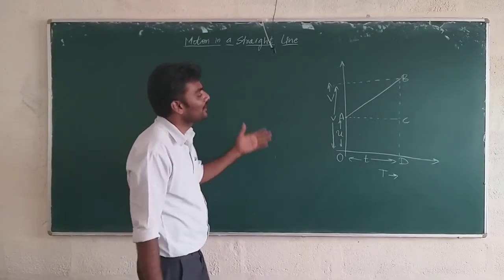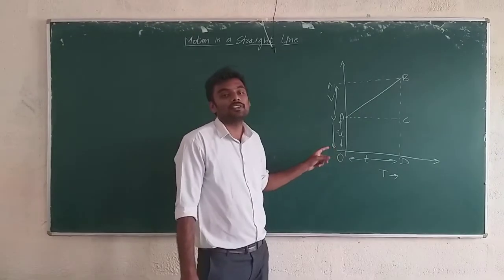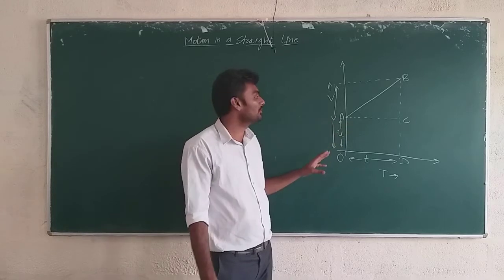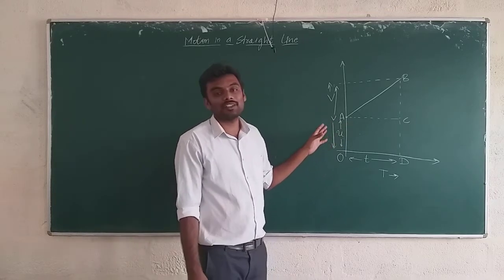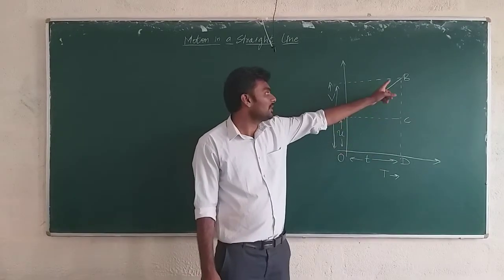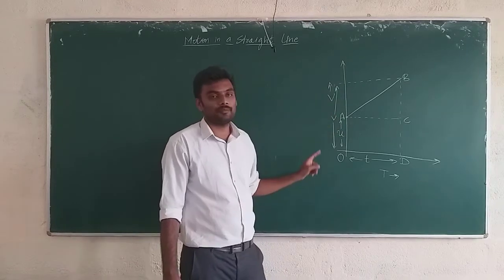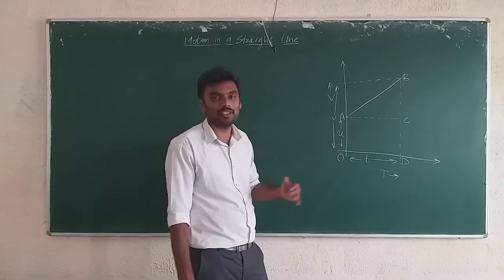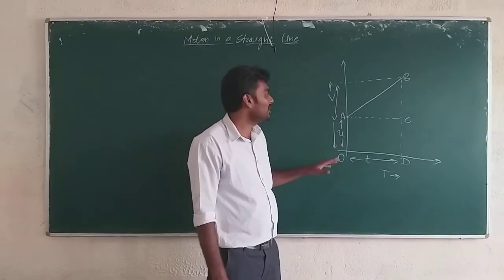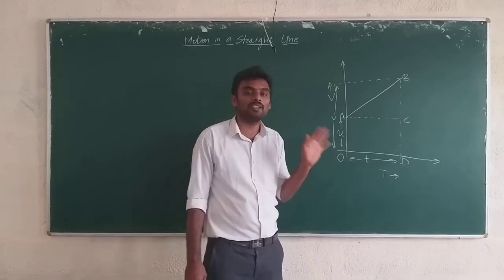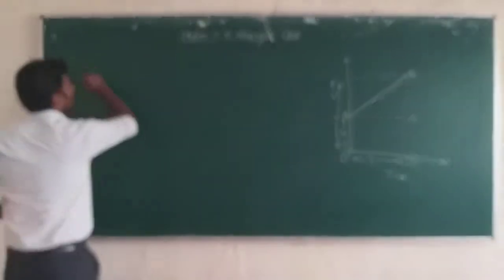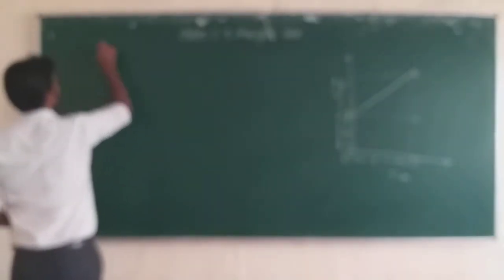It is going to be somewhat like: let us assume a body starts the motion with the initial velocity u, and moves with a constant acceleration a, and in a time interval of t it gains a velocity of v, the final velocity of the body. Or you can simply keep it as: let u be the initial velocity, v be the final velocity, t be the time taken, a be the acceleration. That's also fine.